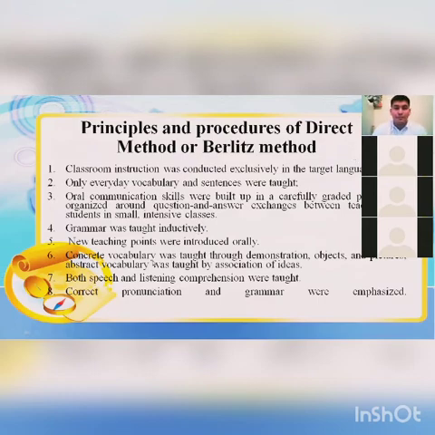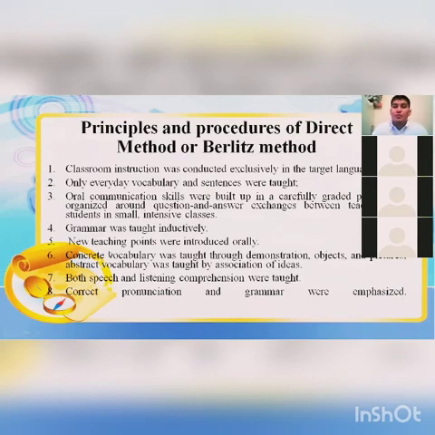And what about the abstract vocabulary, which cannot be presented as an object or cannot be demonstrated? It was taught by association of ideas. And the next one, both speech and listening comprehension were taught, as we have studied before.